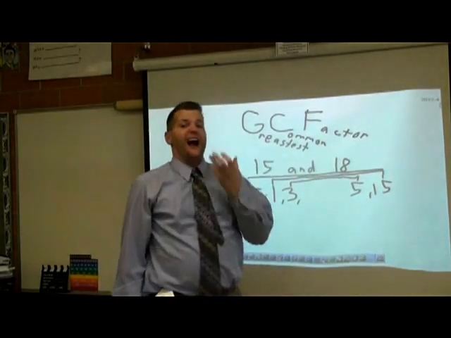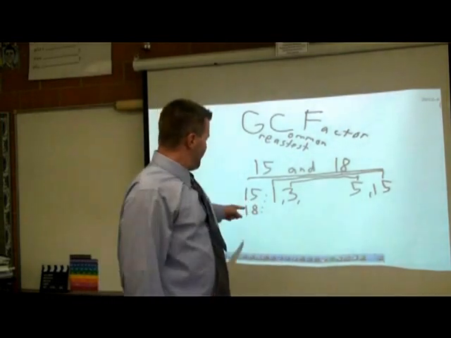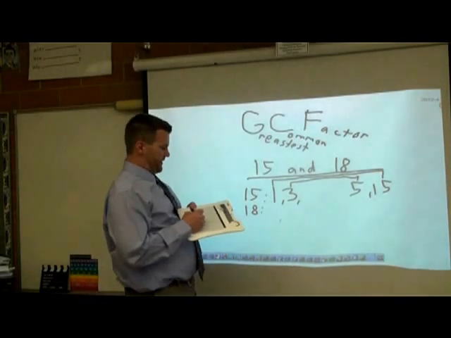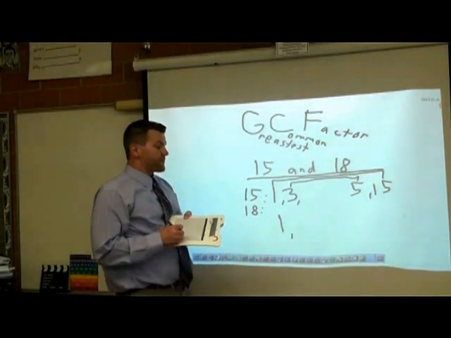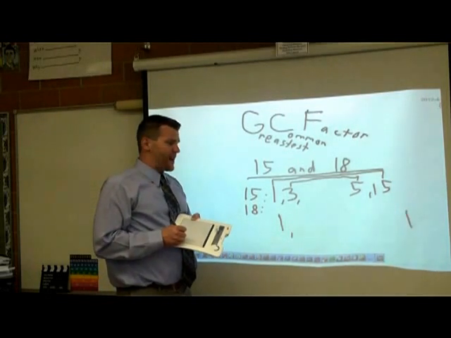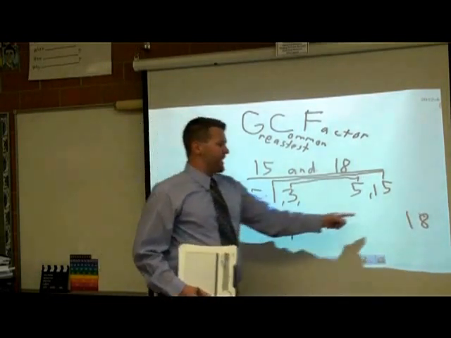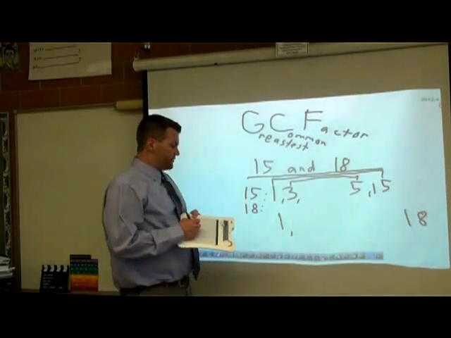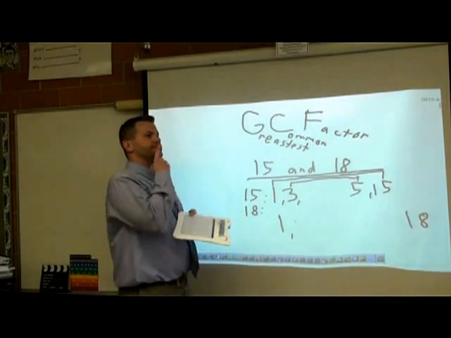Now I want to find the factors of 18. I'll do the same exact thing that I did for 15. Here we go. 1 will go into 18, of course. 1 times 18 is 18. Now, will 2 go into 18?